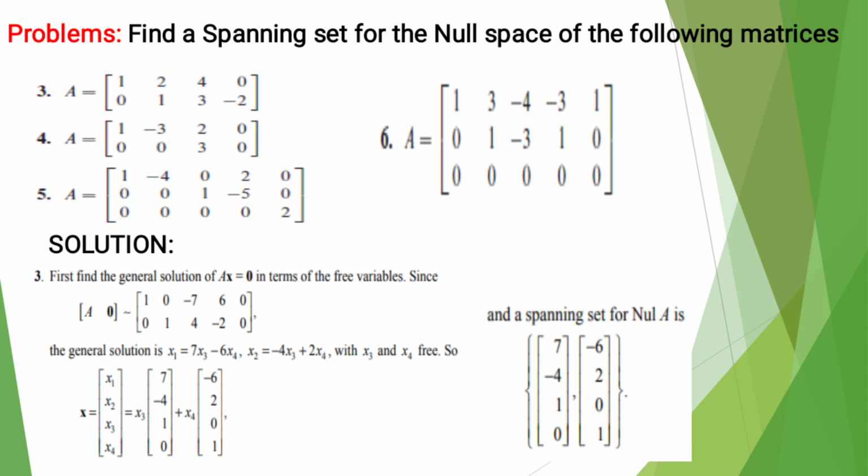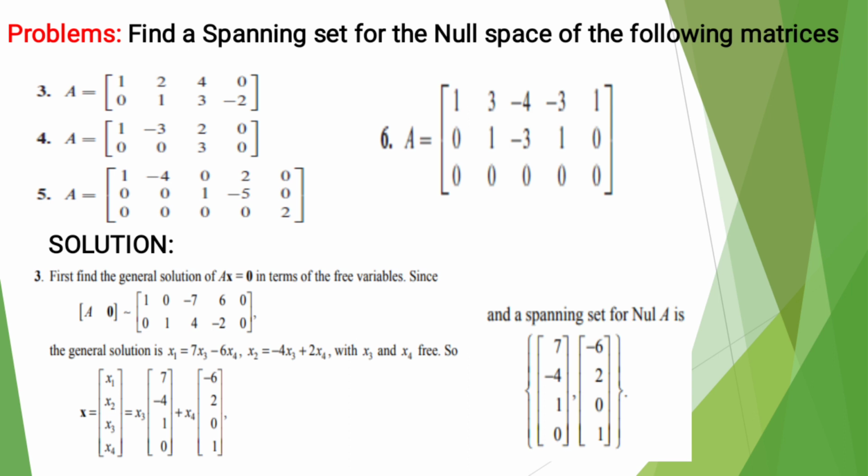We take the variables from the number of columns of the given matrix A. Reducing A to upper triangular form, we obtain 1, 0, minus 7, 6 and 0, 1, 4, minus 2. How many columns are there in matrix A? 4 columns, so we take 4 variables x1, x2, x3, x4.